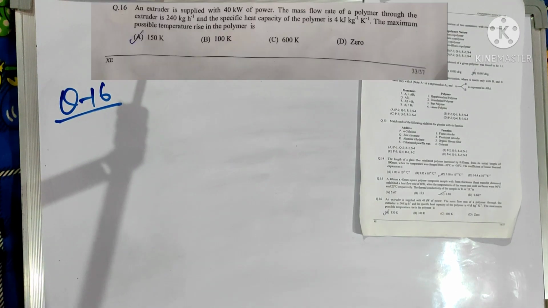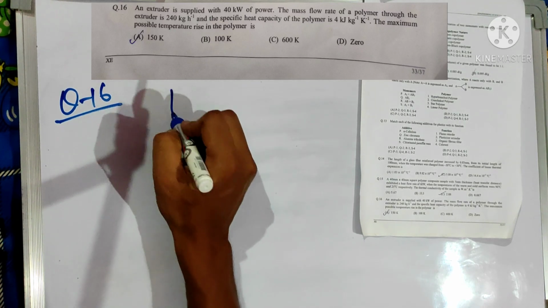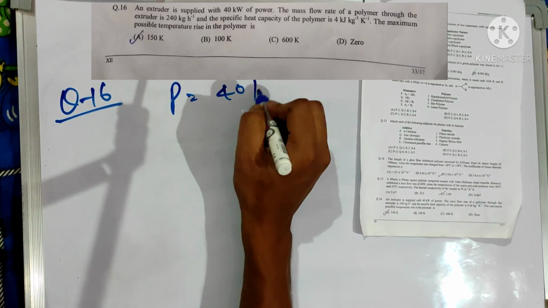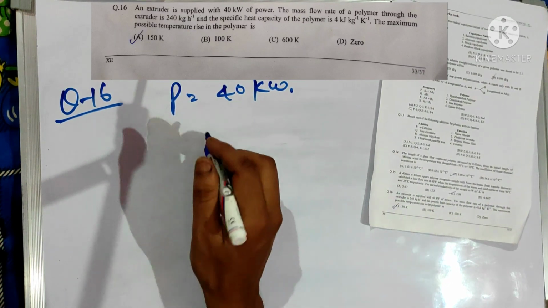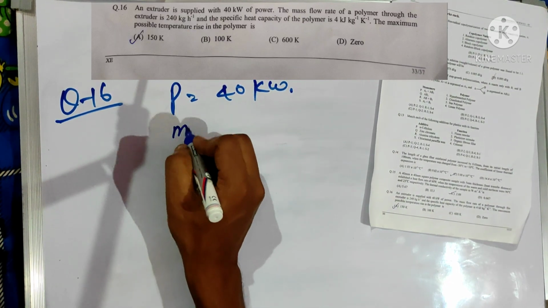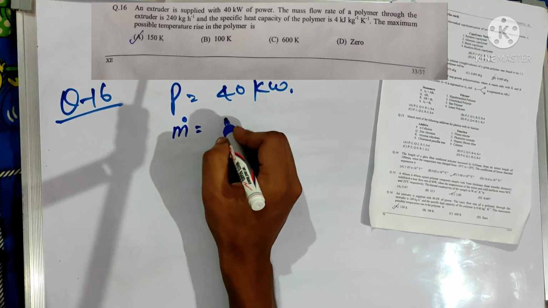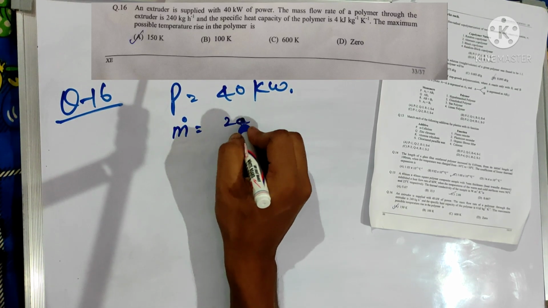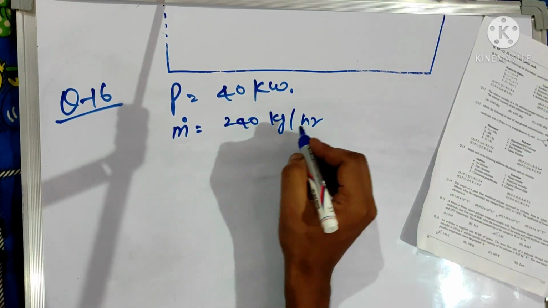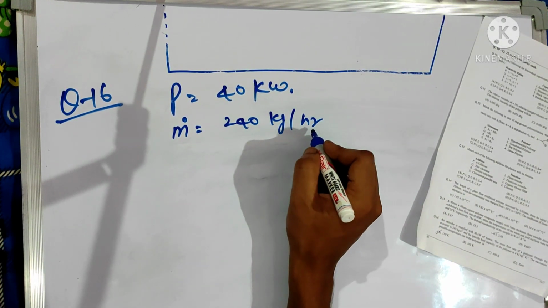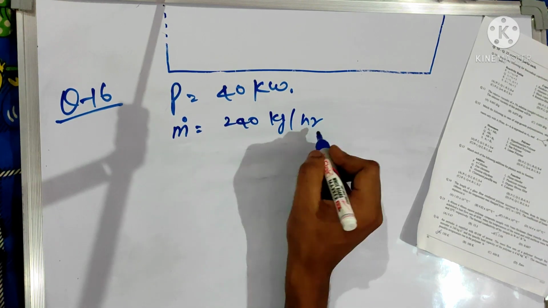The extruder power supply in extruder P is equal to 40 kilowatt, and mass flow rate m dot is equal to 240 kg per hour. Then this unit change into kg per second.